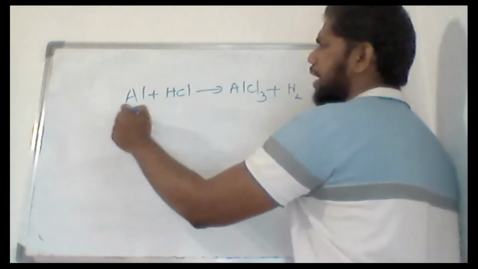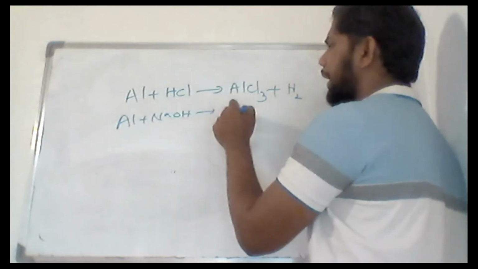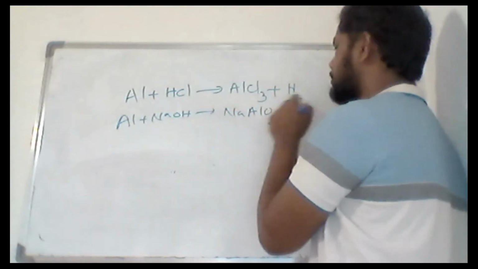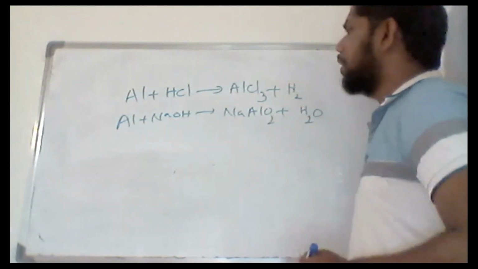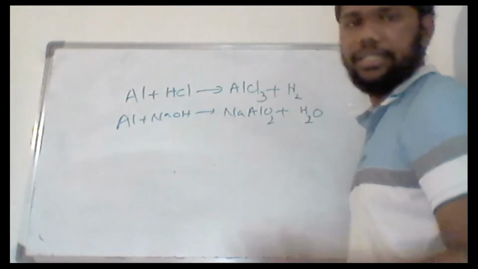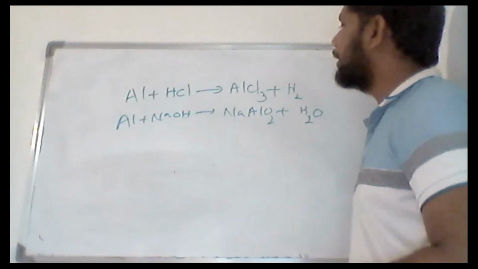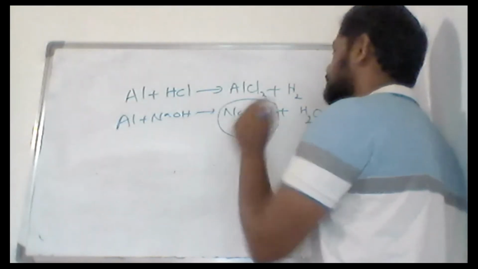The other one is aluminium with NaOH, which will give sodium aluminate and H2O. The idea is you need to balance these, that is the first thing. And this is how it forms the aluminate.